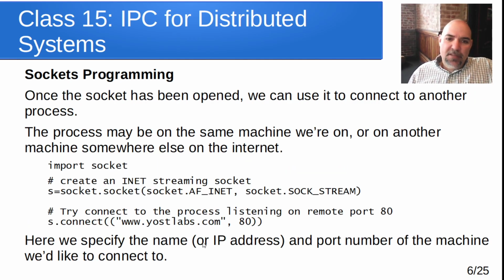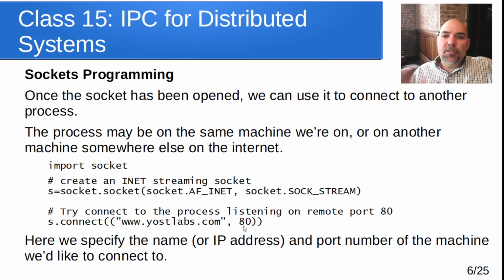Once the socket has been opened, we can use it to connect to another process, either on the same machine or on another machine. To do that, we need to specify the two things to connect, so s.connect. And this is all from the client point of view. The client would connect to some machine at some port. The port number you can think of like the extension number.